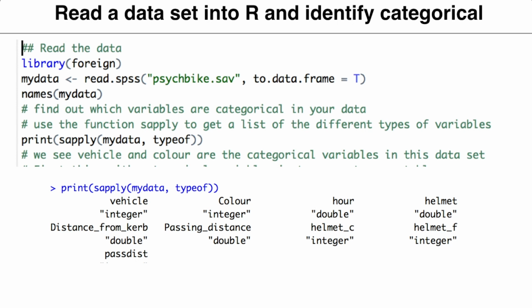Now, after we have done that, I am interested to find out what variables in that data frame belong to a kind of categorical variable. And we'll take a look at this first.